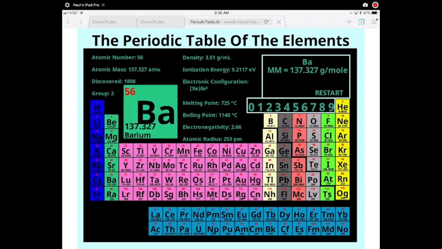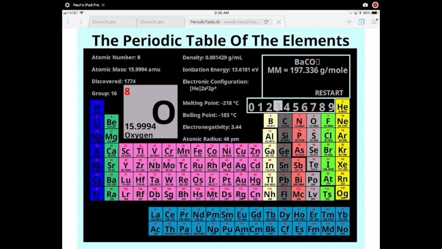Okay. Carbonate. C. Okay. O. And 3. And it didn't show, but it's highlighted. It could be an issue with the iPad. I would have to weigh out 197.336 grams to get to that.